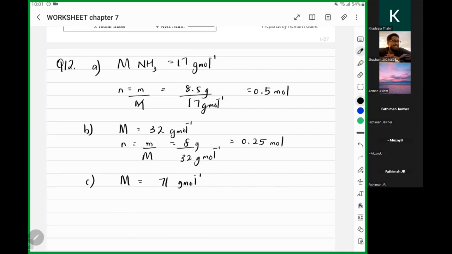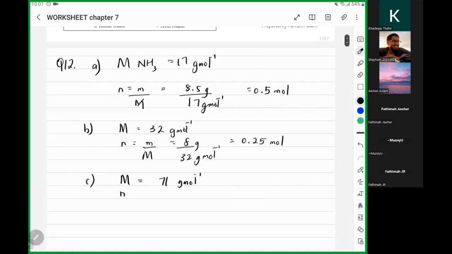The question here is 102 grams. So n equals m over M. Okay, we'll change it to 142. Then it's easy, right? Divided by 71. You will always get values which you can manage. They won't give you impossible values. Remember that.